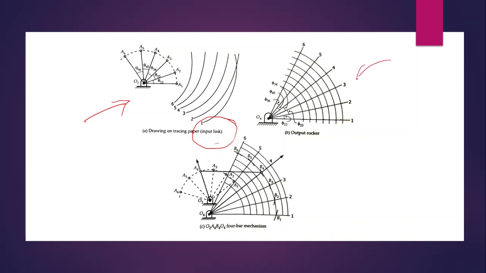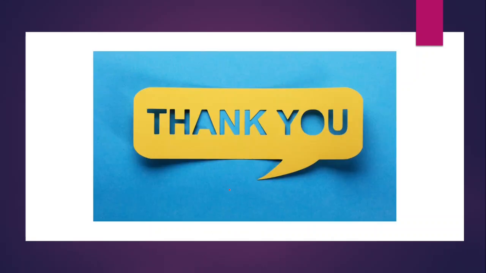And on paper, we draw the different positions and different lengths of the output rocker. The combination of these two will give the exact 4-bar mechanism. O2, A4, B4, O4 is the required 4-bar mechanism. Those lines must be drawn as thick lines. Okay. Thank you all.